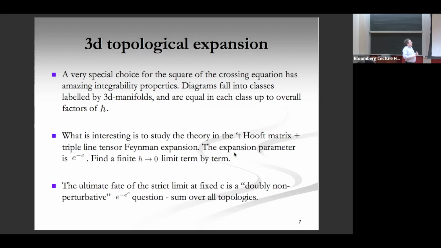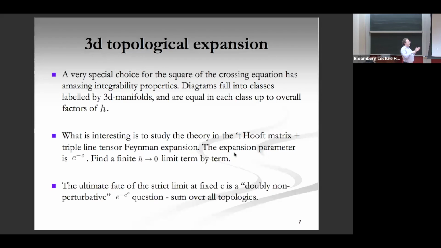But there's a very special choice where that constraint squared potential has some amazing integrability properties. It obeys some orthogonality relations, hexagon and pentagon identities, which descend to the Yang-Baxter equation if you specialize some indices. So they're really like the usual integrability.